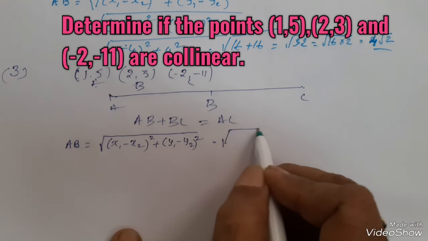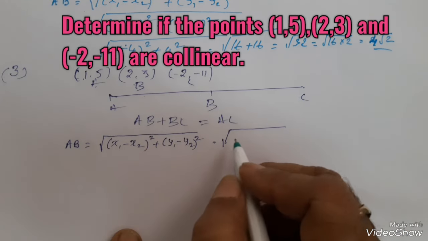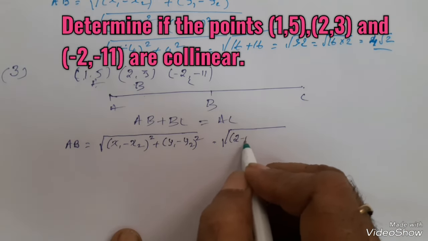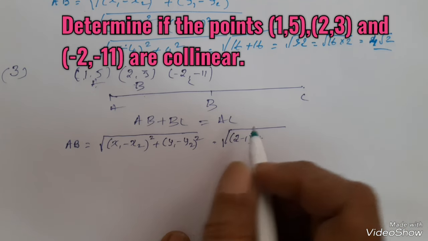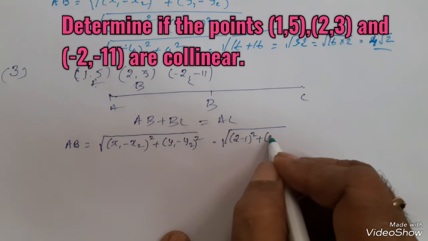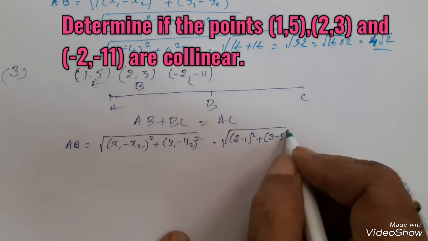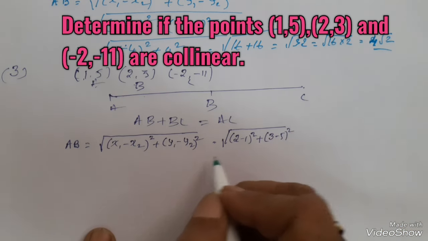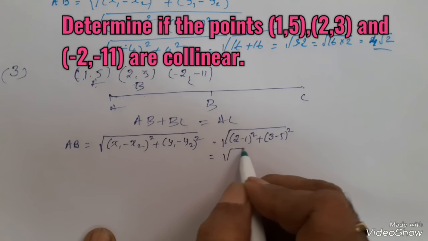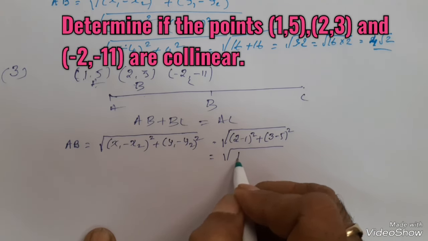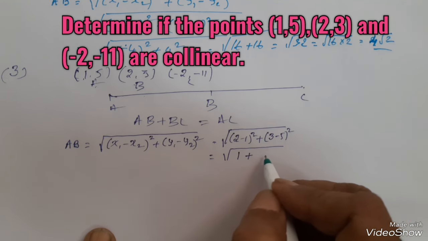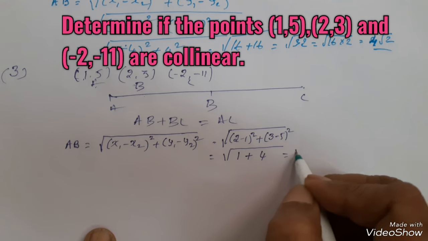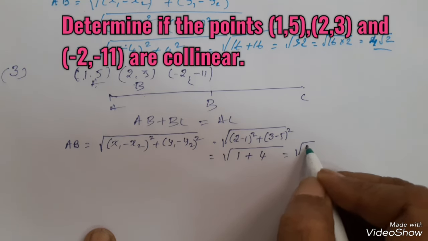Then we get (2 minus 1) whole square plus (3 minus 5) whole square. 2 minus 1 means 1, so 1 square is 1, plus (3 minus 5) is minus 2, square is 4. So the length of AB equals root 5.